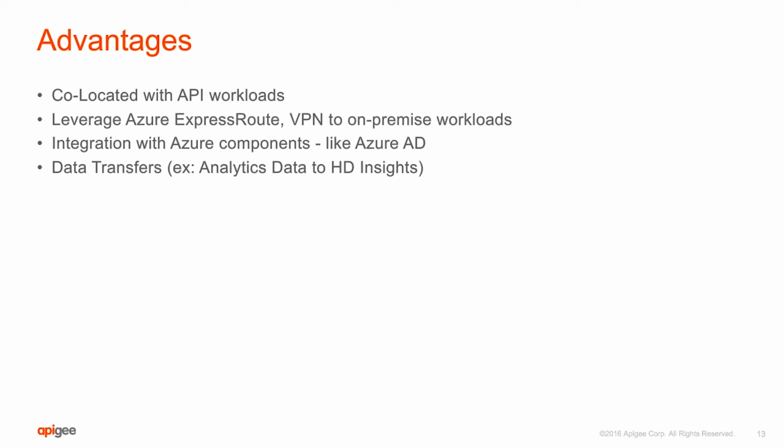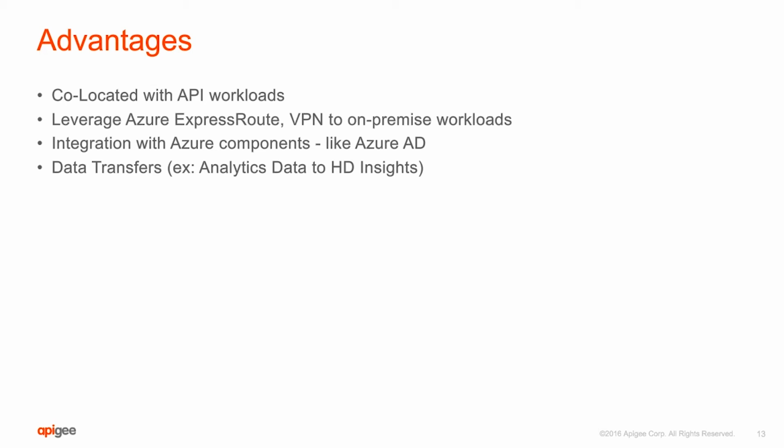Now, if you have MPLS with your organization, MPLS is telephone company provided dedicated connectivity services. ExpressRoute is the name of the service on the Azure side. If you have relationships with companies like AT&T, there's literally a list of about 50 different companies around the world that provide ExpressRoute connectivity between your premises and Azure.